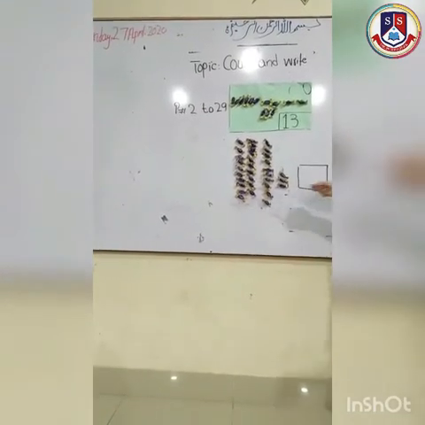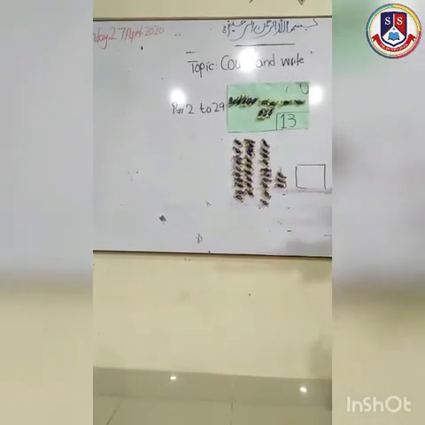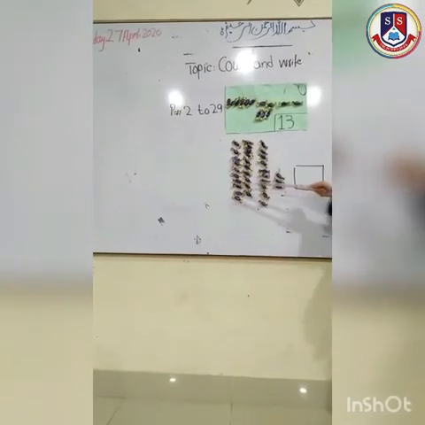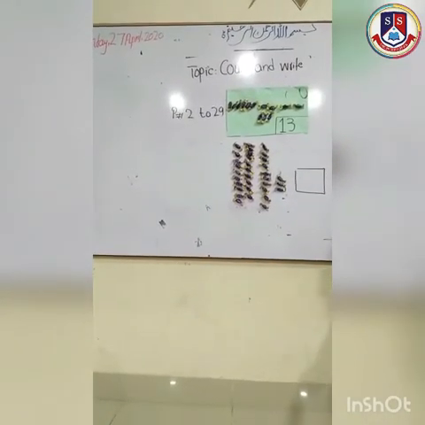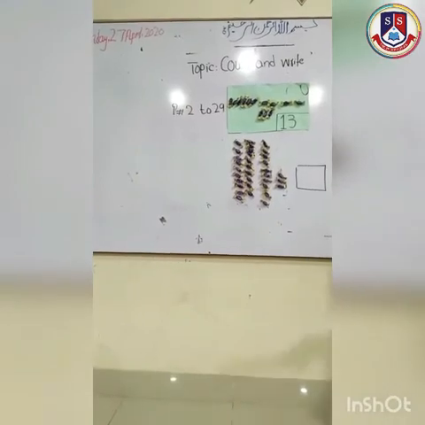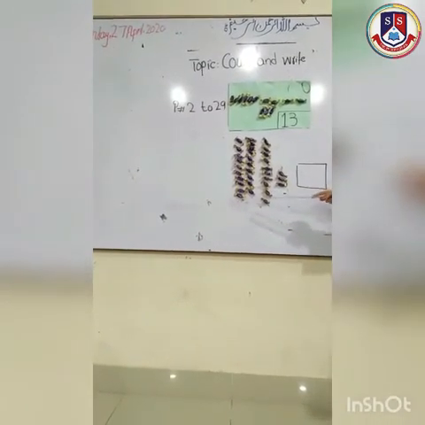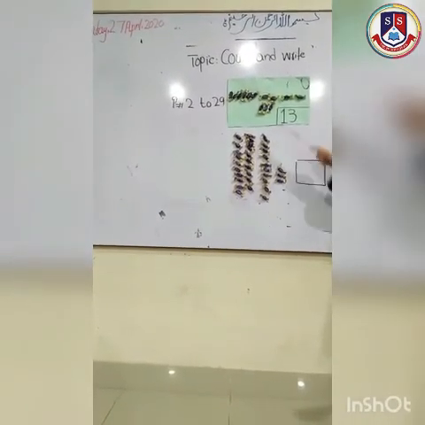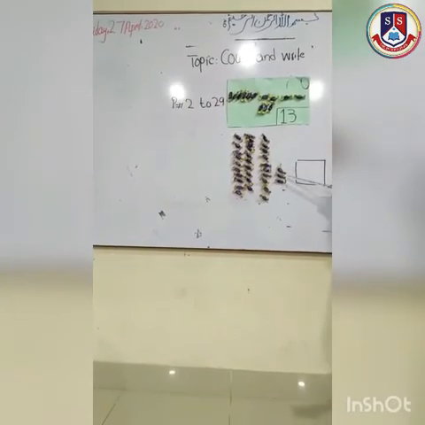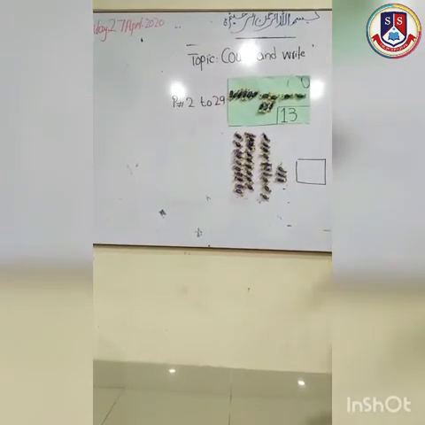Now, this is the second question. How many tens are here? There are 3 tens. 1, 2, 3. And after 3 tens, 31, 32, 33.